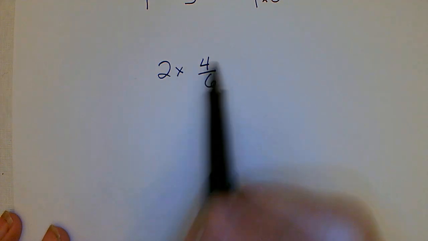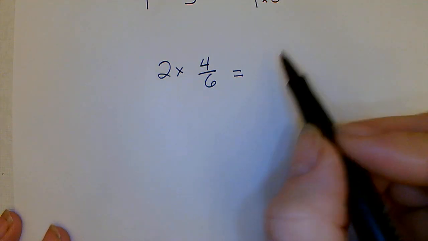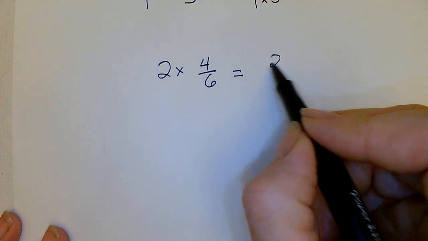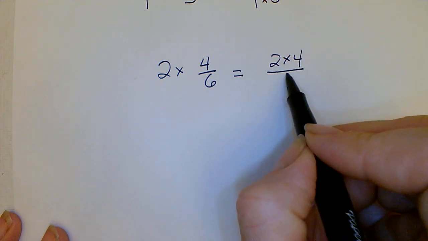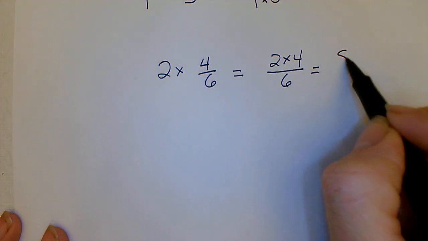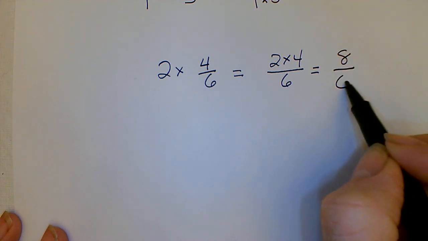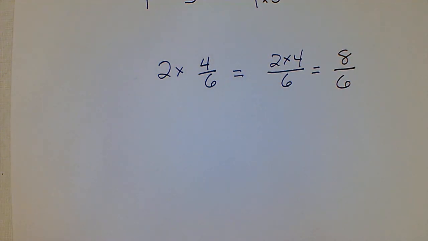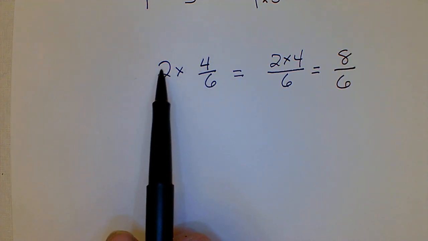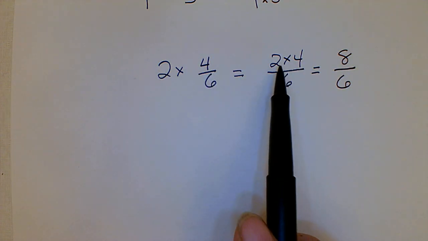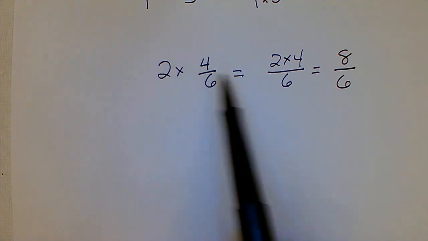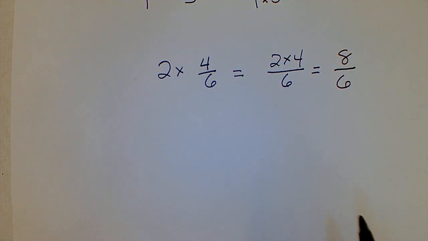Remember, the easiest way to think about this is to say you have 2 times 4 sixths, and you end up with 8 sixths. So that's probably going to be your easiest way of thinking about this. But again, you could think about it in all the other ways that we just did. The easiest one for you is probably 2 times 4 sixths. We're grouping the 2 times the 4. We're associating those together.